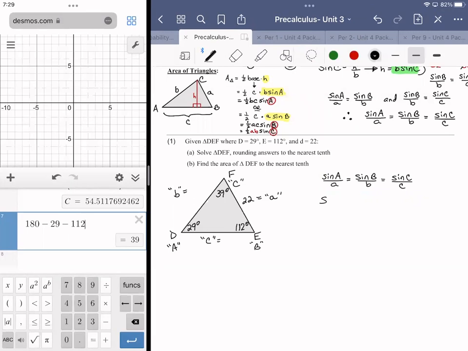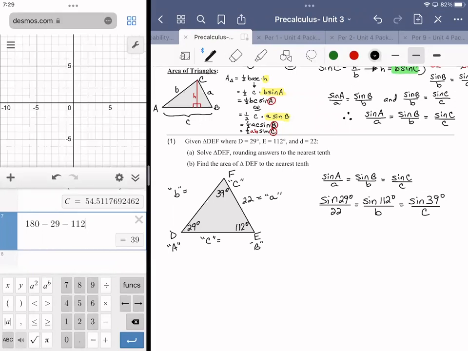Sine of angle A would be sine of 29 degrees over side A, 22. Sine of angle B, well, we know B is 112, so sine of 112 degrees over lowercase b because we don't know that. Sine of C, that's sine of 39 degrees over unknown c.